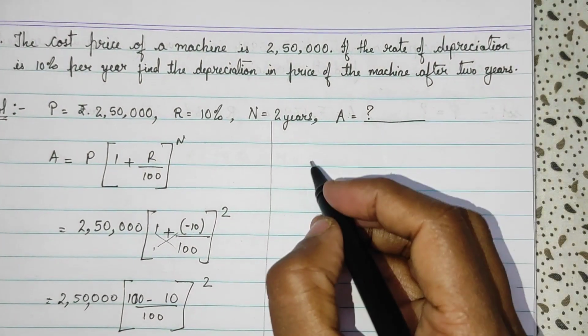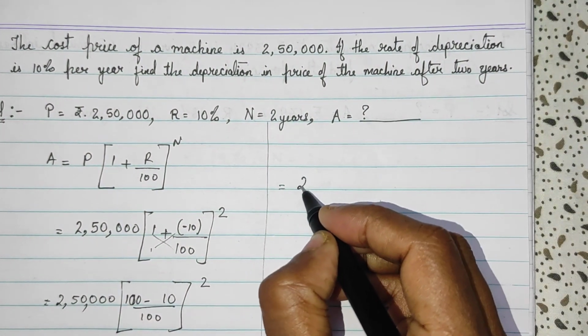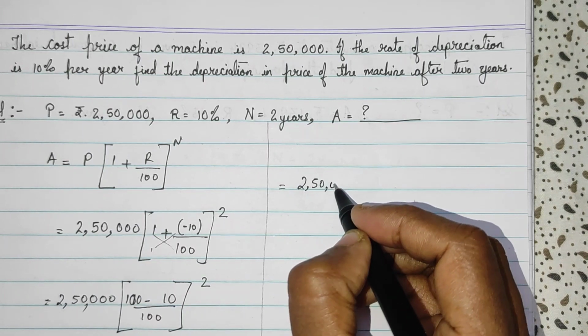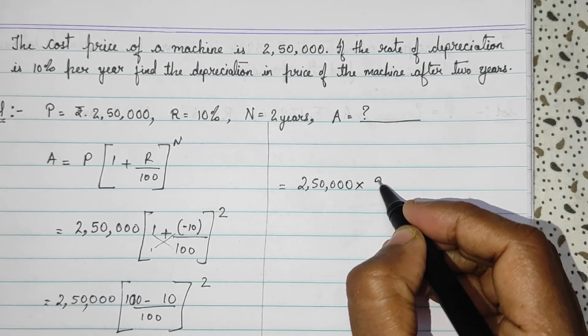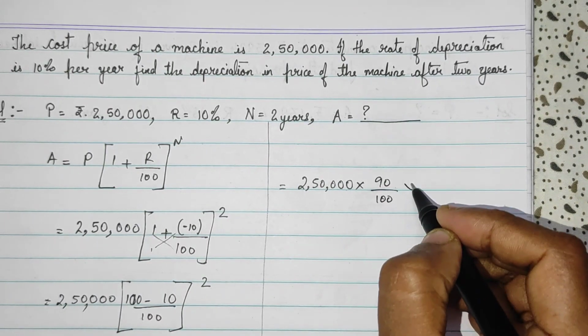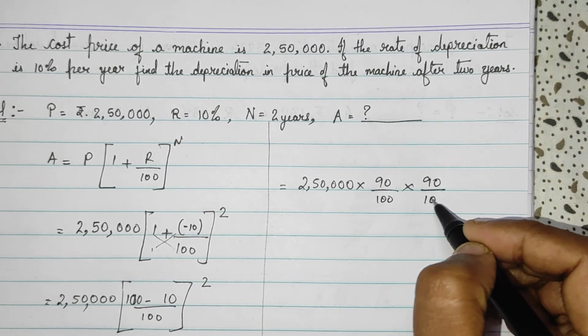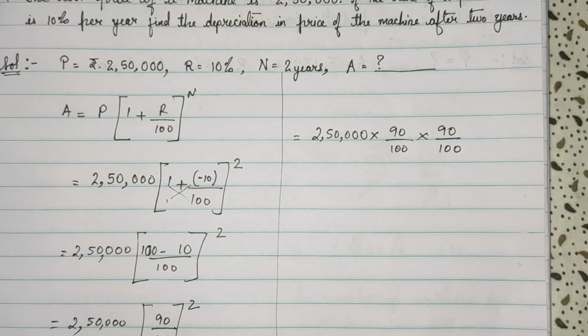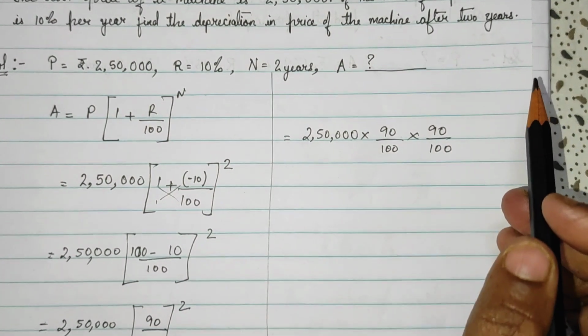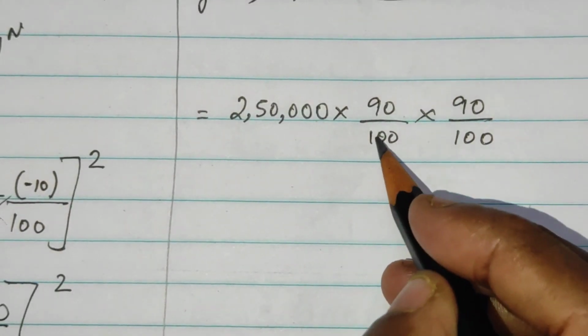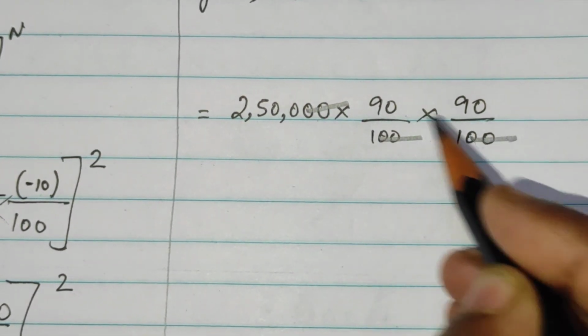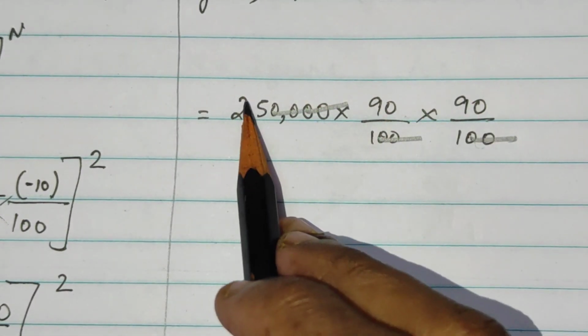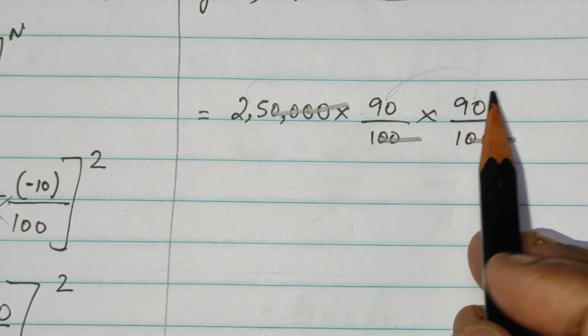So that is 2,50,000 into 90/100 into 90/100, because it is raised to 2. Now if you do cancellation, 00 cancel, 00 cancel, so only this is left, 25 into 90 into 90.